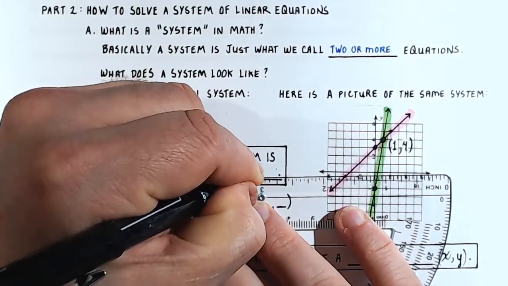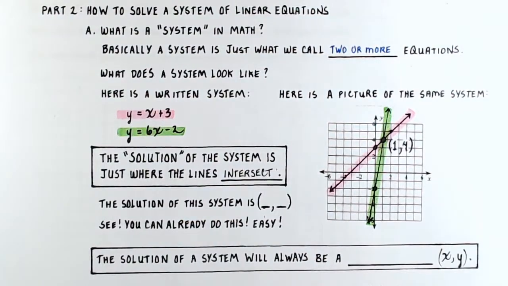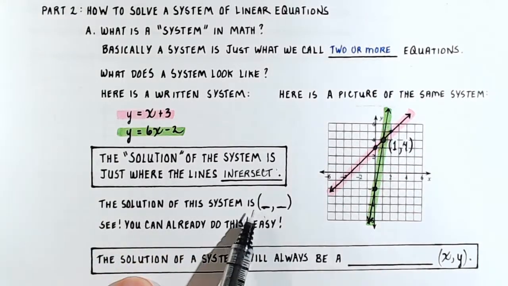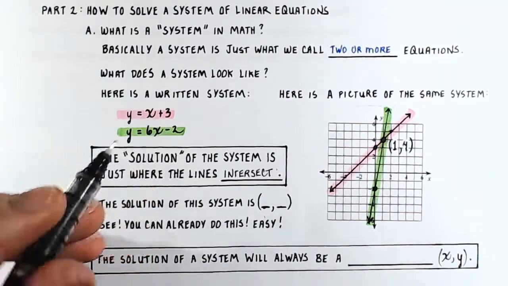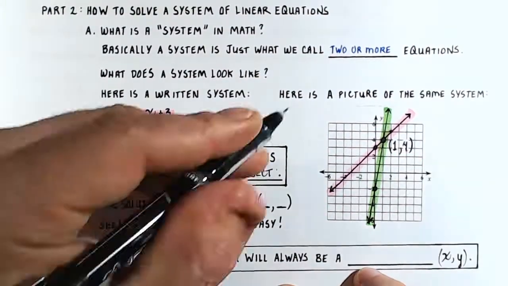Intersect. Well, we already know what the solution is. It's here that says the solution of this system is, and then you have a coordinate pair. 1, 4. That's where they intersect.